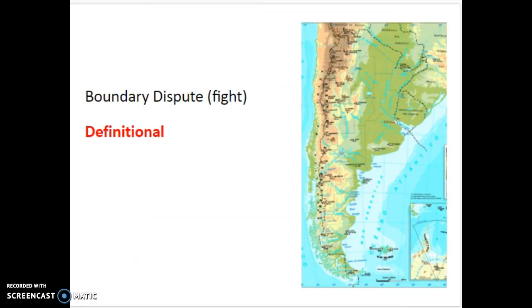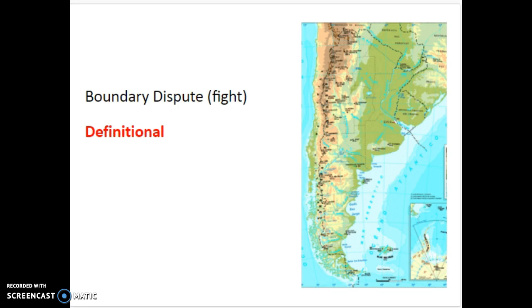Another good example of a definitional boundary dispute is the boundary between, in this case, Argentina and Chile. It has been controversial because originally it was agreed that it follows the crest of the Andes Mountains.